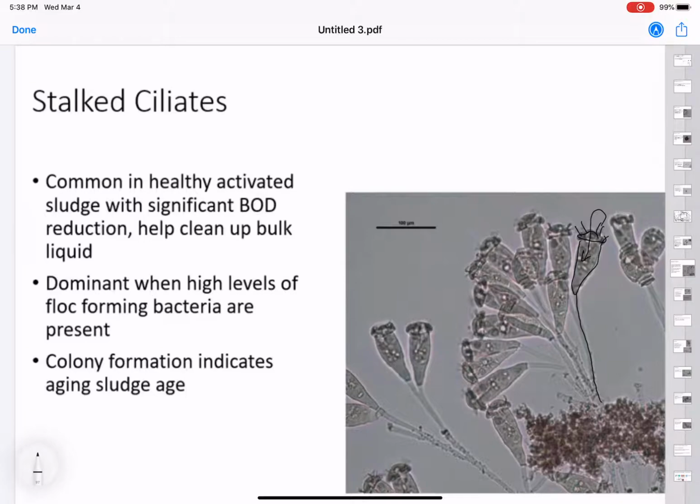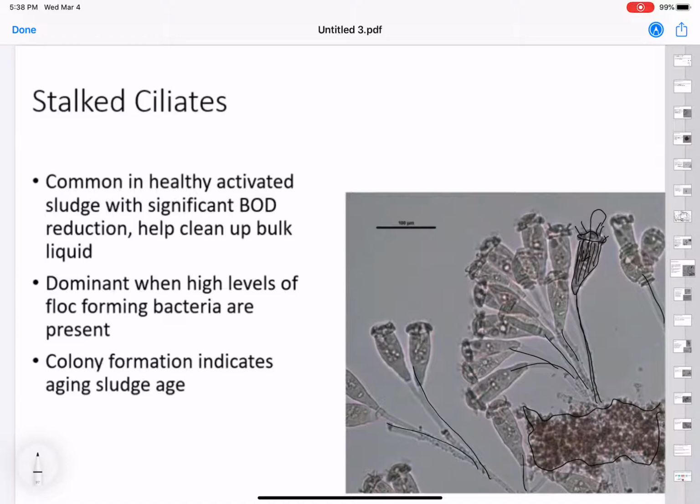And of course, digestion will start happening inside the ciliate itself. And this stalked ciliate is attached to the activated sludge floc. You can see it. This is the activated sludge floc. So every activated sludge floc has all these stalked ciliates. Look at this. A lot.